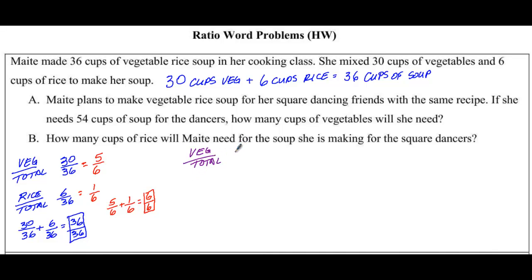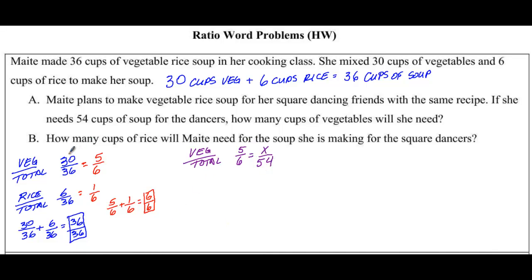So that's the ratio that we're working on. Using the simplified version, we have a ratio of 5 to 6 vegetables to total, and that's going to equal some unknown amount of vegetables to our new total, which is 54.